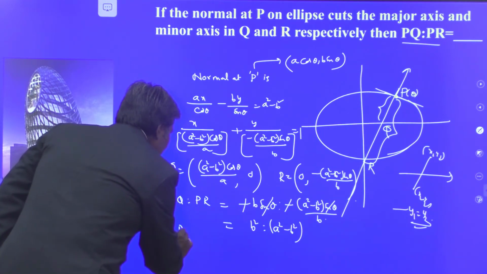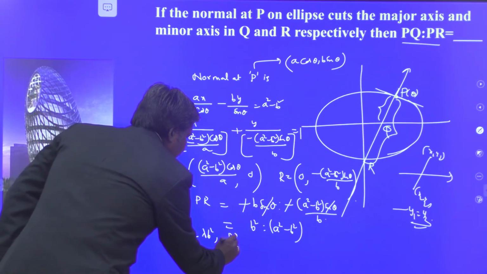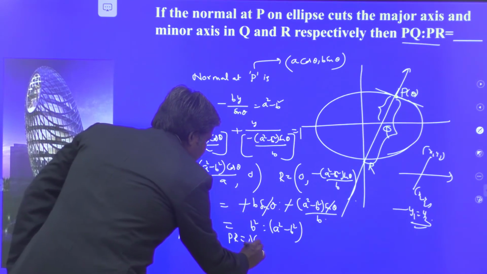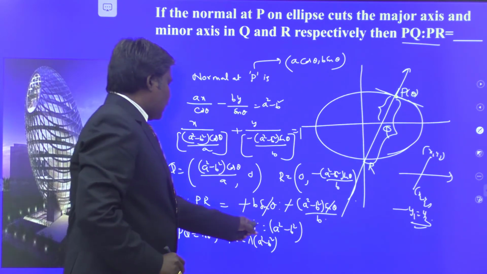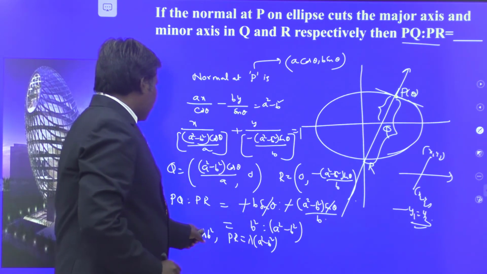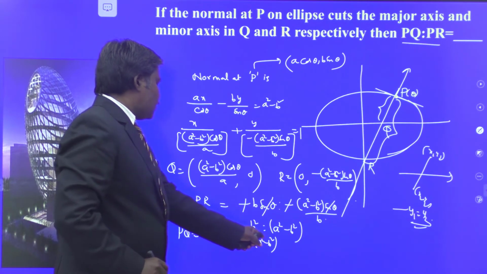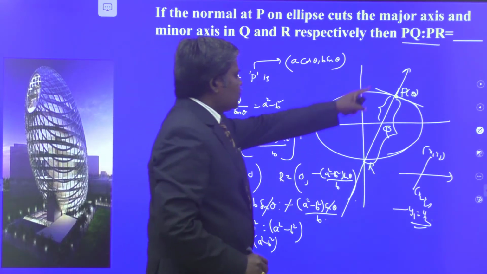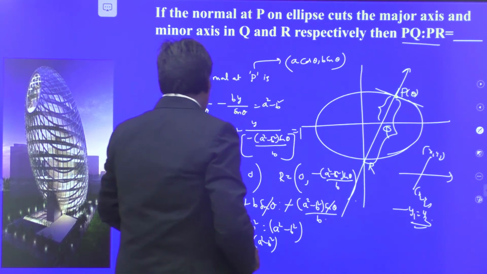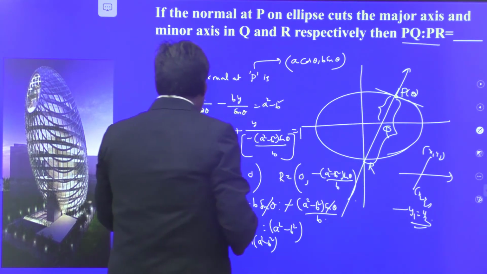Suppose PQ is equal to some lambda times b square and QR is equal to some lambda times a square minus b square. So PQ is taken as lambda into b square, and QR is taken as lambda into a square minus b square.